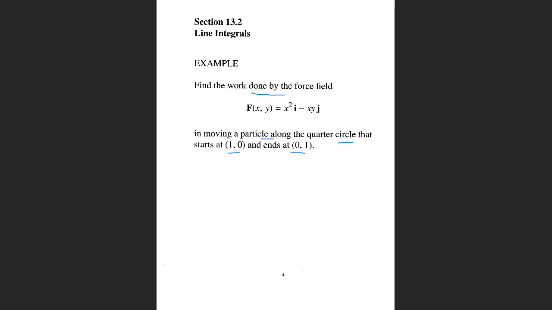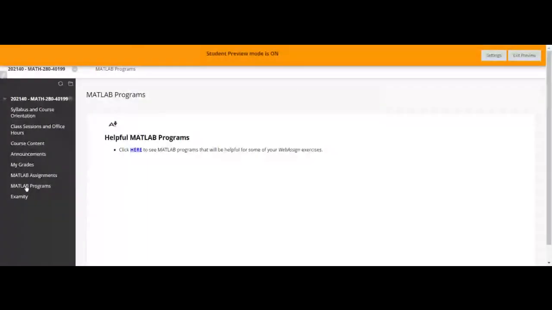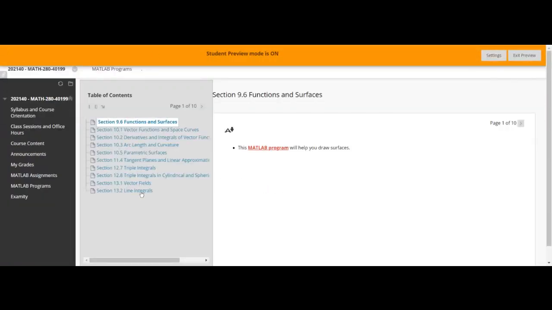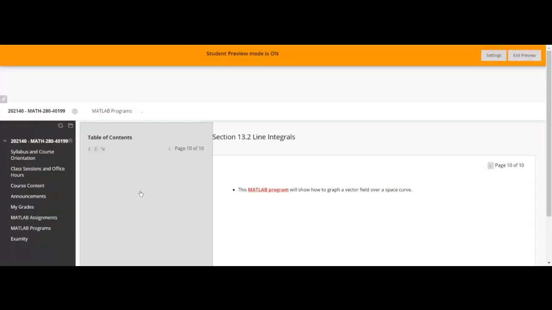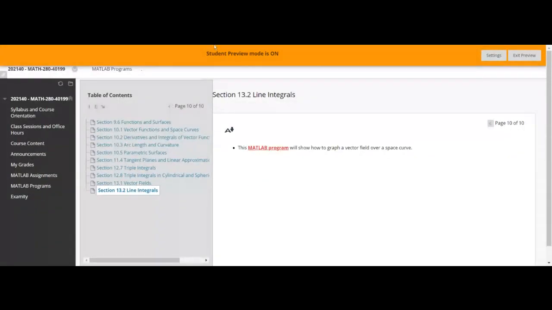If we go into the Blackboard and go under MATLAB programs, there is a section 13.2 line integral program that will show you how to graph a vector field over a space curve, and it relates to this problem here. So let me bring that one up.